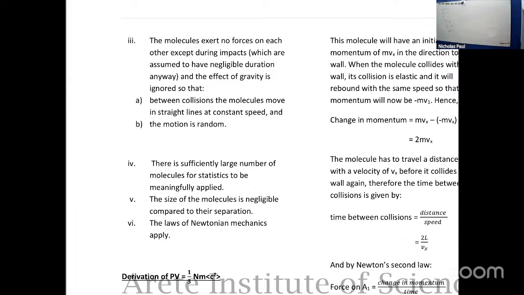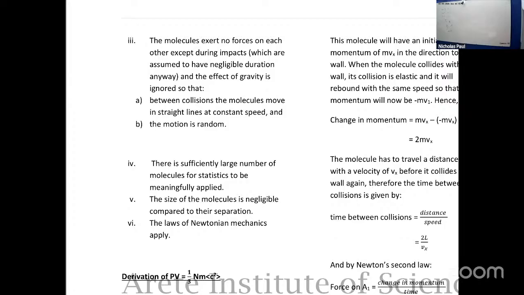The effect of gravity is ignored. Between collisions, the molecules move in straight lines. The motion is random. There is a sufficiently large number of molecules for statistics to be meaningfully applied. So try to remember that the questions will always ask you to say two laws, three laws. You have to remember a few of them, right? And so on, the laws of mechanics apply.